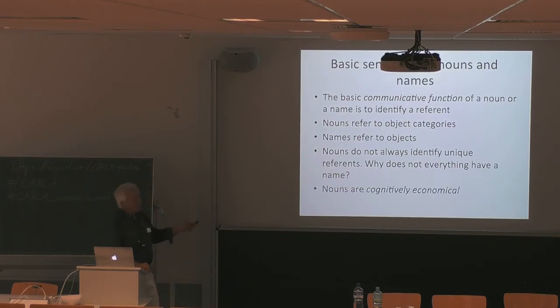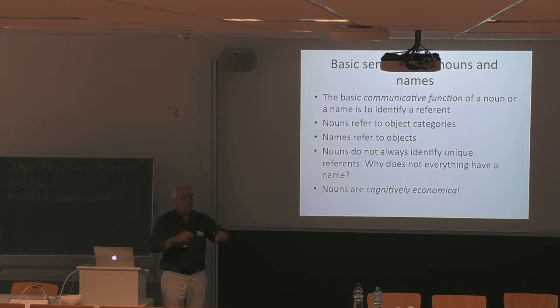Nouns are cognitively economical. I can use a general term like bottle to identify a small subgroup. And by pointing, I can add information. Pointing is like having an adjective on top of it. I gave you the story of prototypes.